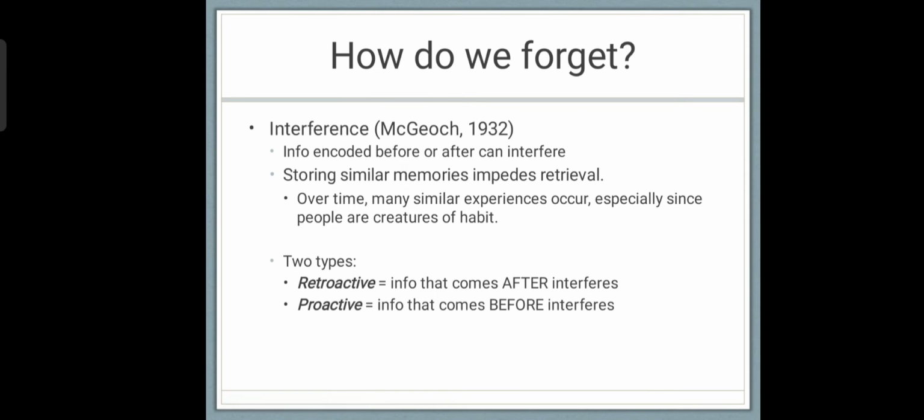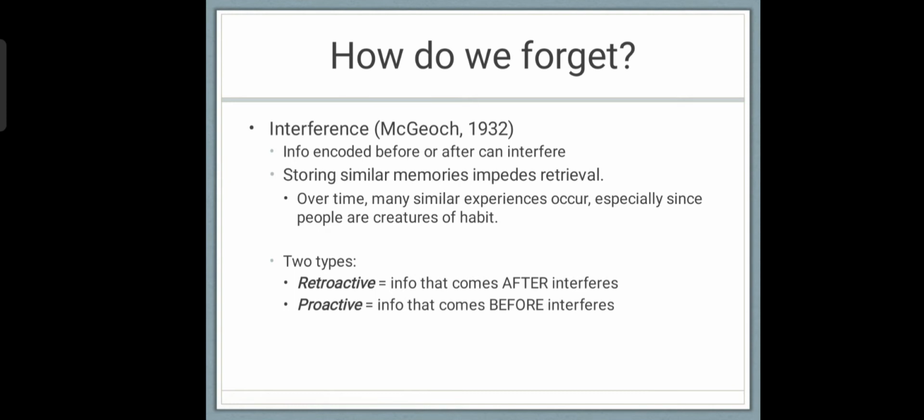Interference is of 2 types, retroactive and proactive. What is retroactive inhibition? Whenever we are trying to take 2 pieces of information consecutively, if the information that comes second interferes with the previous one, then that is retroactive inhibition.